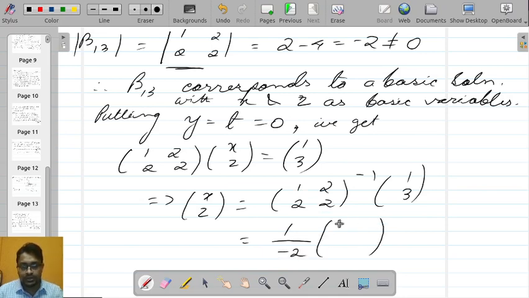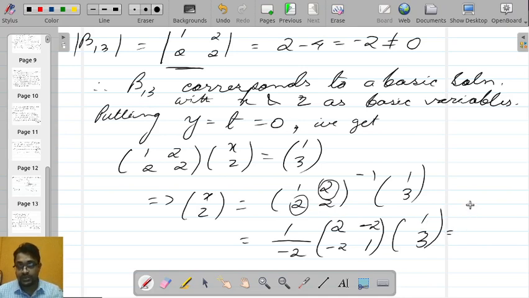The 1 will be 2, the cofactor for this 2 is minus 2, so it will go here. Cofactor for this 2 also is minus 2, so it will come here. Cofactor of 2 is 1. Then multiplied with 1 3: half of 2 minus 6, that is minus 4, and minus 2 plus 3, that is 1. So it's minus 2 comma half.